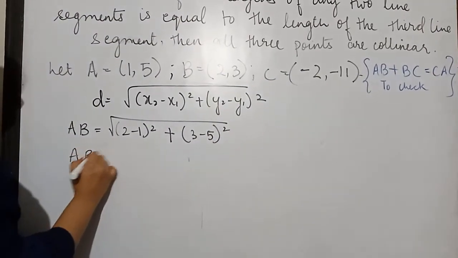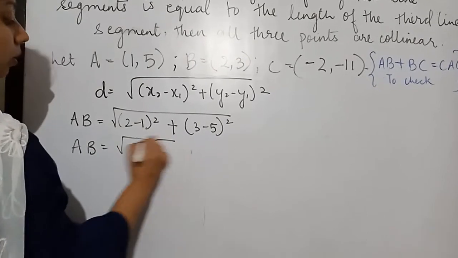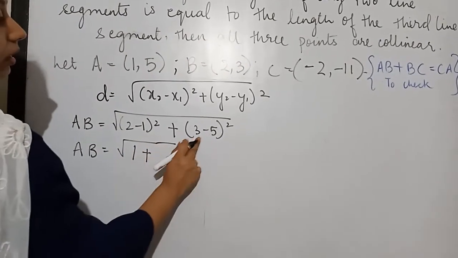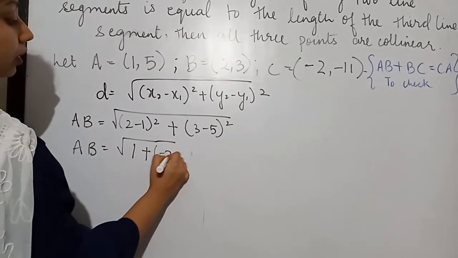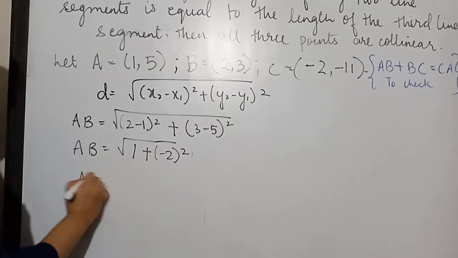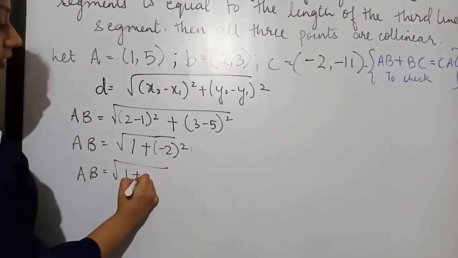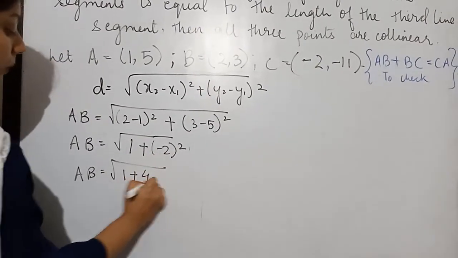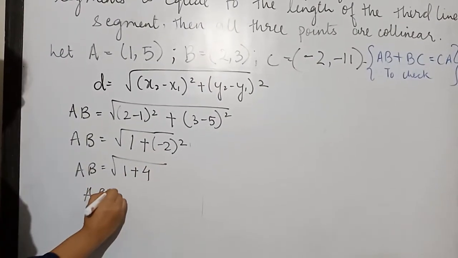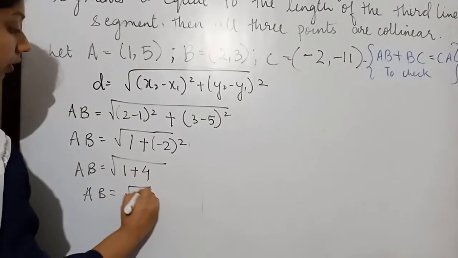So AB is equal to what? 2 minus 1 is 1 plus 3 minus 5 is minus 2 whole square. AB is equal to whole root of 1 plus 2 2s is what? 4. AB is equal to root 5.